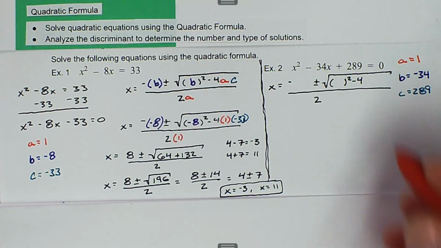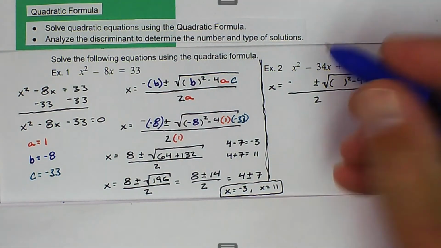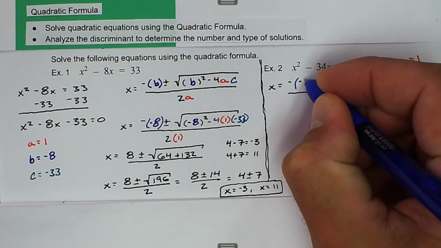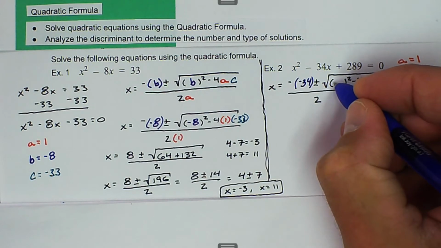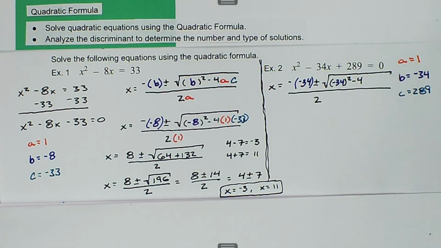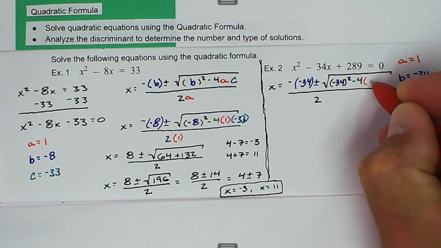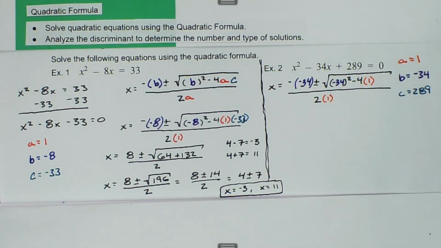So in this case, b is -34, so negative b is negative -34. And then a is 1. We're going to have that written down twice, which is 1 and 1. And c is 289.